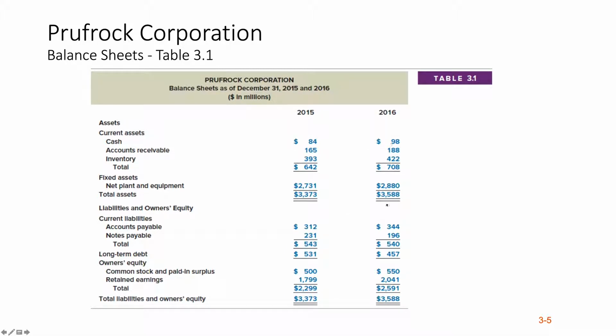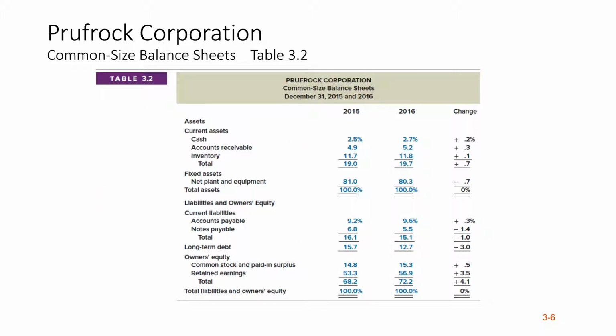In 2016 it is 457. It's actually substantially reduced. It is a 3% reduction, from 15.7 dropping to 12.7. That can be a substantial change in capital structure. So through this kind of quick analysis, it shows the debt versus equity structure change.